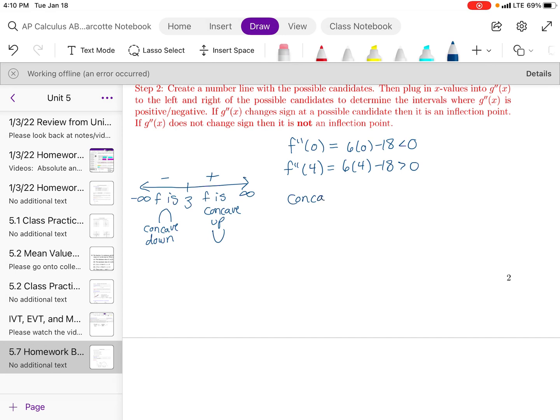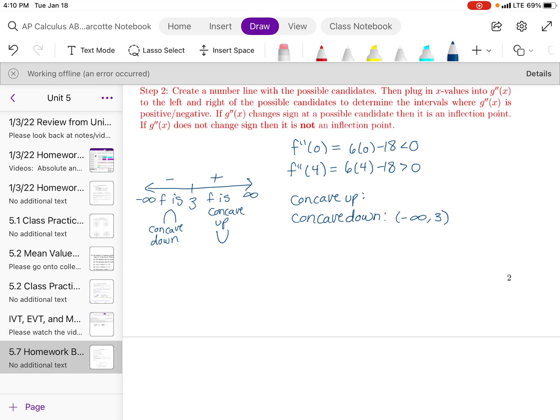Okay, so I'm going to write here concave up and concave down so that you can see how to identify the intervals for concavity, but it's not going to be too hard. So at x equals 3, we don't include it in either being concave up or concave down, so it would be considered neither. So for concave down in this case, it's going to go from negative infinity to 3, but not including, so you should have a parenthesis there, not a bracket.